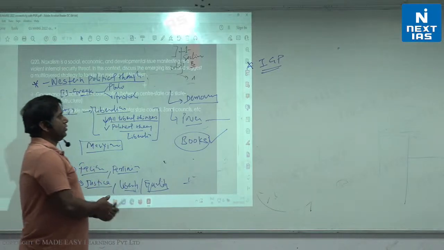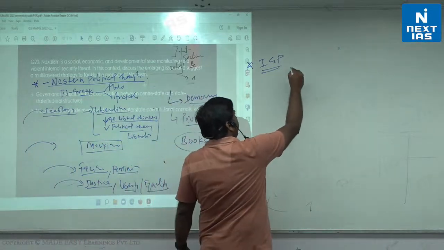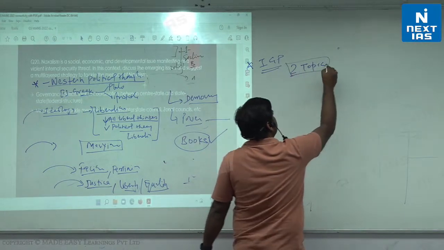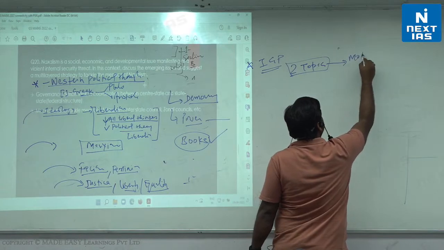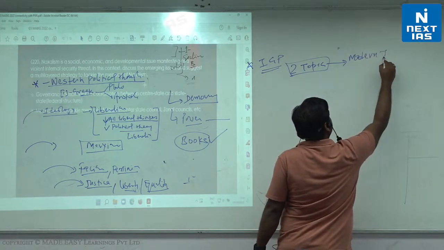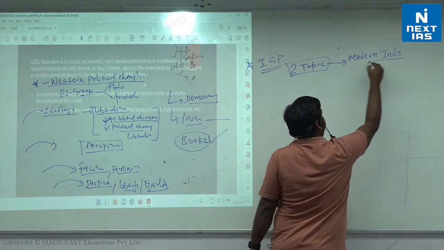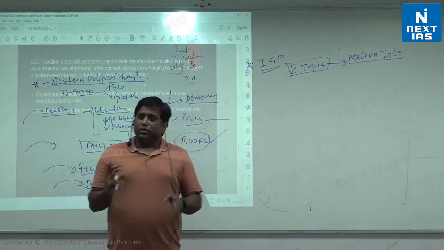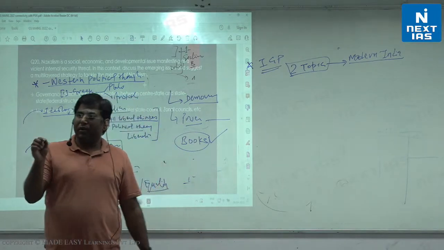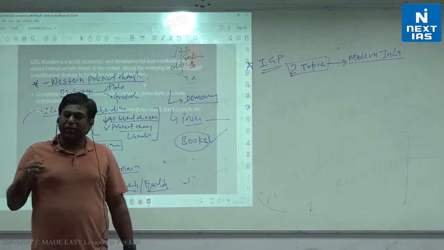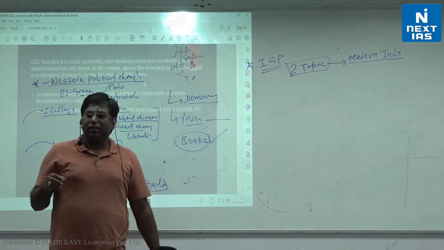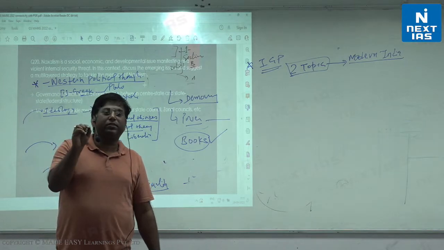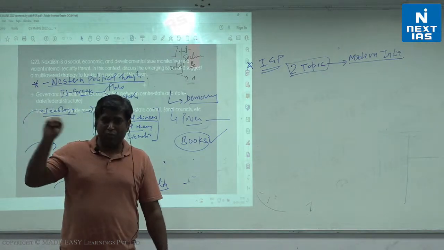Highest convergence with the general studies part. Like, the first 2 topics are related to modern India, specifically the history of modern India after Gandhiji's participation in the Indian national movement, from 1917 onwards, the Champaran movement.